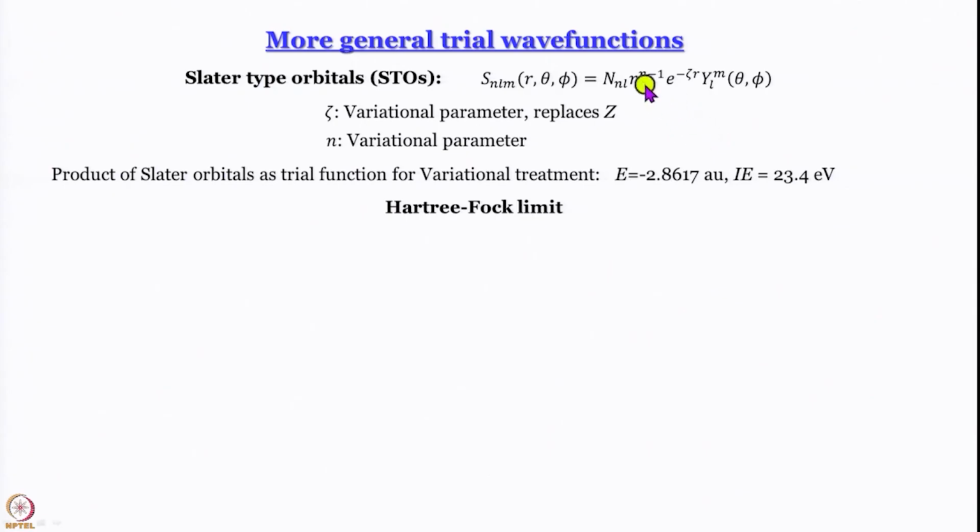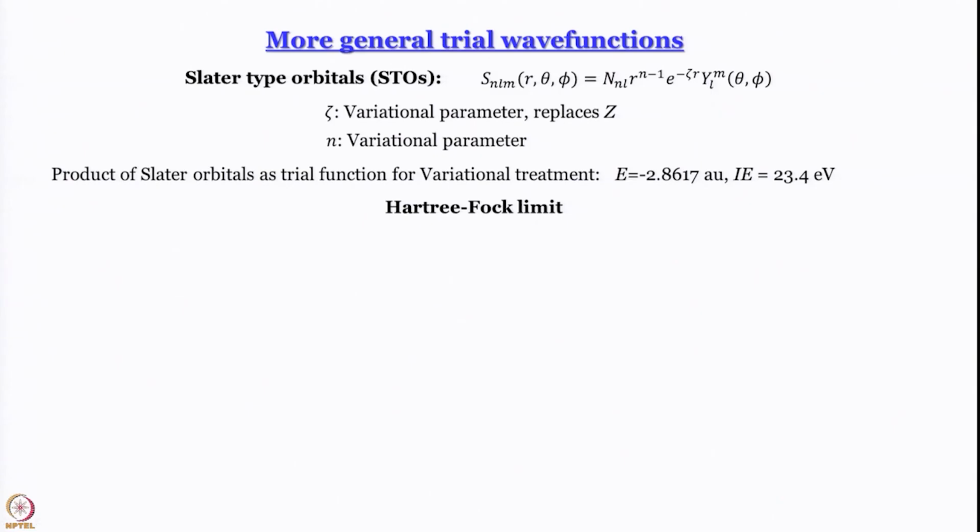What is missing is that Laguerre polynomial, remember the Laguerre polynomial, that polynomial is not even here, right. We have an exponential decay in r, we have this r to the power something, and we have the angular part. So, here not only is zeta the variational parameter, but n is also a variational parameter, and we discussed this in the previous module.